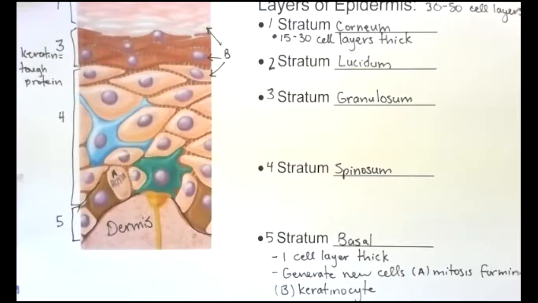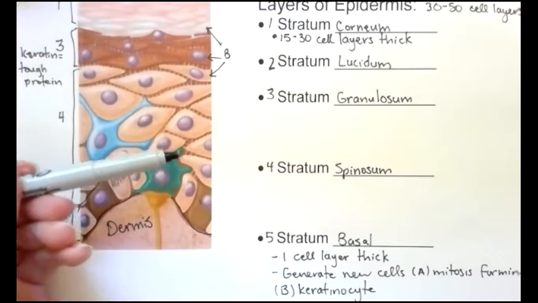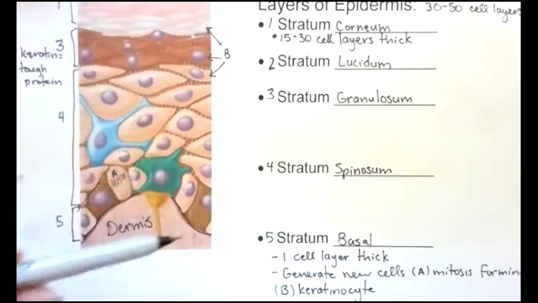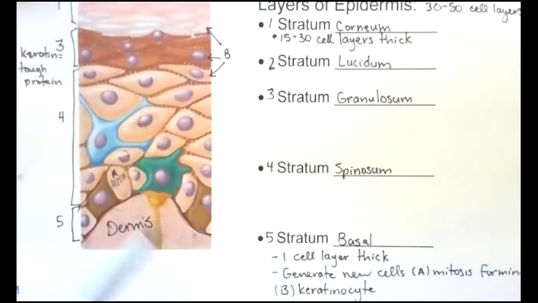Keratin is what makes up the hair and our fingernails, and so it is tough and waterproof. We produce the keratinocytes here, and then as new cells are produced, it pushes the remaining cells up. As the cells rise, they start to change, and we see those changes in each of the layers.